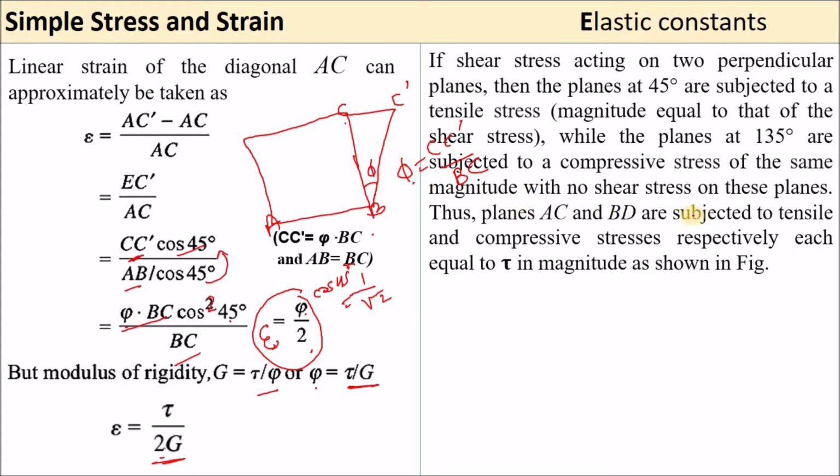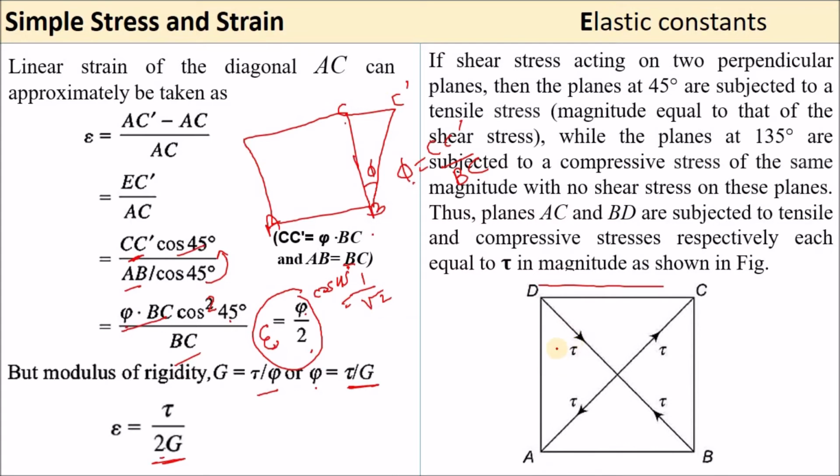Thus, planes AC and BD are subjected to tensile and compressive stress respectively, each equal to tau in magnitude.